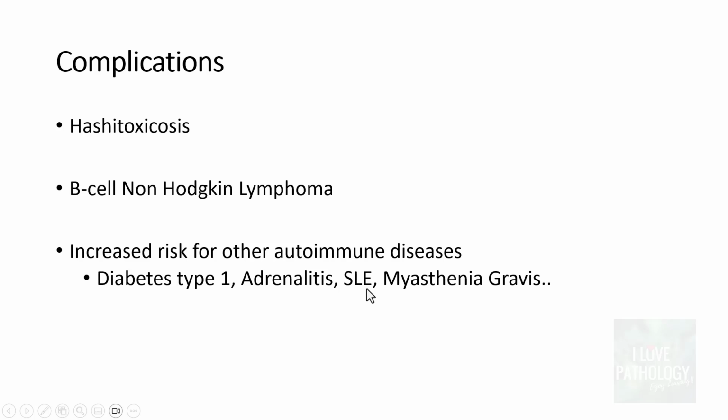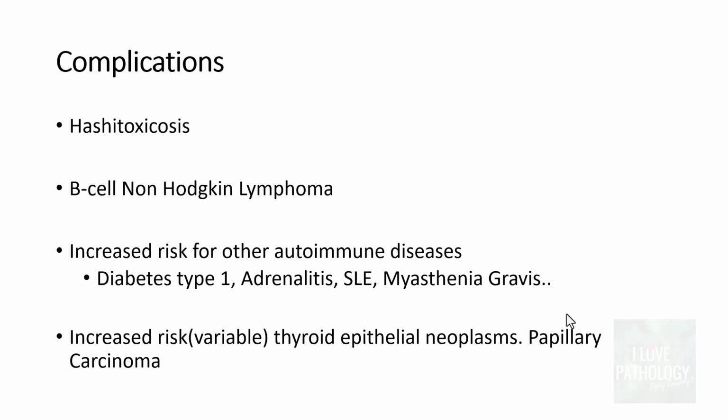It can be associated with SLE also, or it can result in increased risk of development of myasthenia gravis, which are all autoimmune diseases. But another important association which you need to remember at this point is that these patients have an increased association with thyroid neoplasms, particularly papillary thyroid carcinomas.